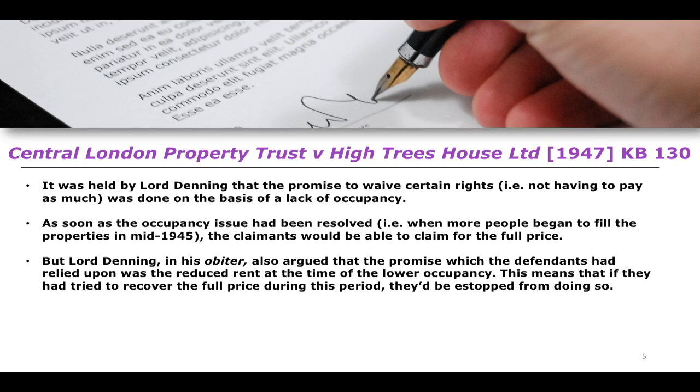So if they had said in this case, when they wanted to sue High Trees House Limited, that they wanted the full rate of rent for the entirety of the period, all the way from January 1940, through the Second World War and then past to 1947, then they would be stopped from doing so, because the reason why this promise was in place in the first place was because of the reduced rent at the time of lower occupancy.